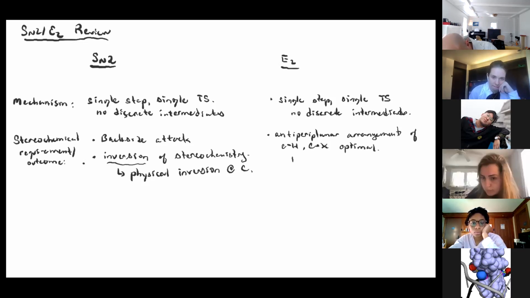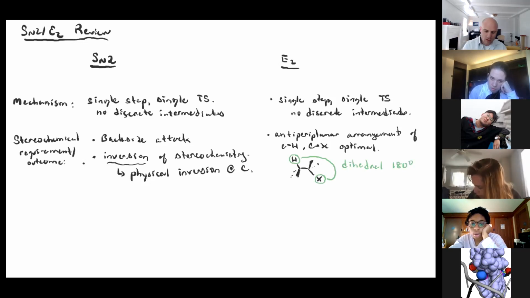In other words, another way to say anti-periplanar is to say that the dihedral angle between the carbon-hydrogen bond and the C-X bond is 180 degrees, okay?